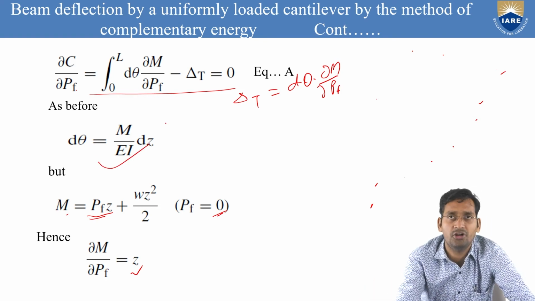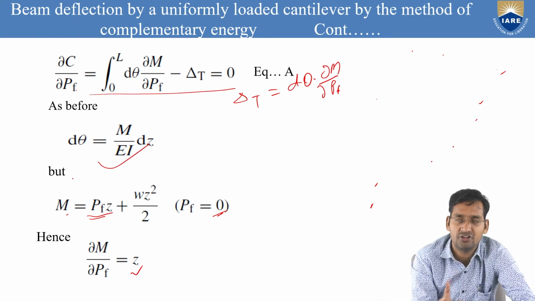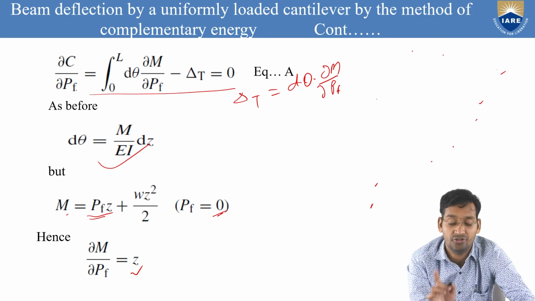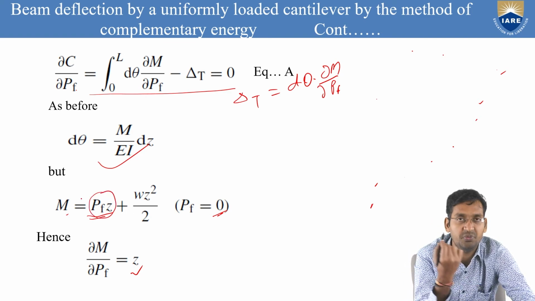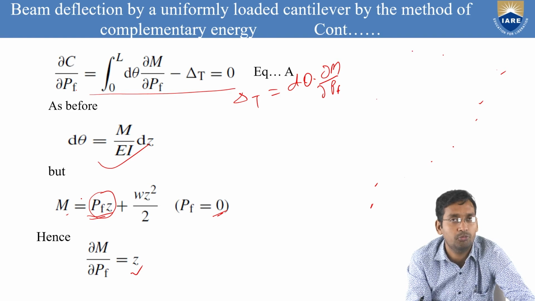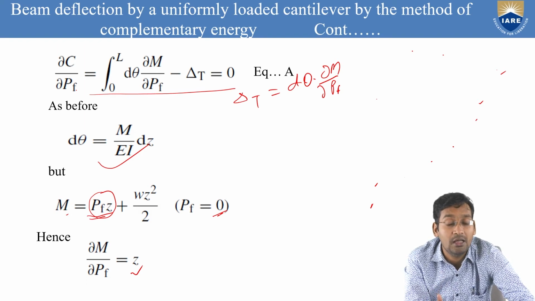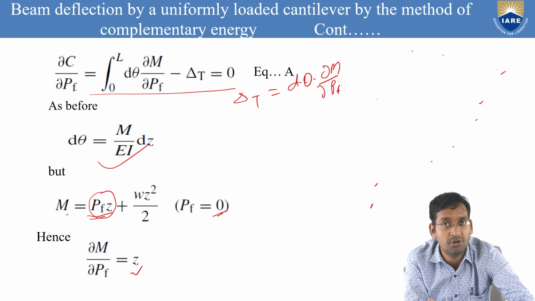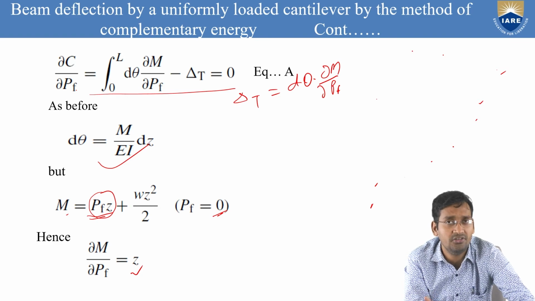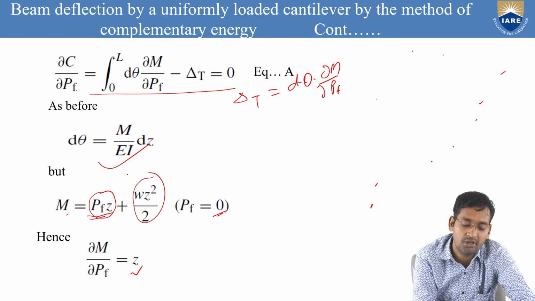dθ we already found. Now next, what? First we have to find M because of the forces. So because of the PF into z will be the moment at a distance z, and same at a distance z because of the uniformly distributed load w into z into z by 2. z by 2 will be the distance where it's acting. So wz² by 2.